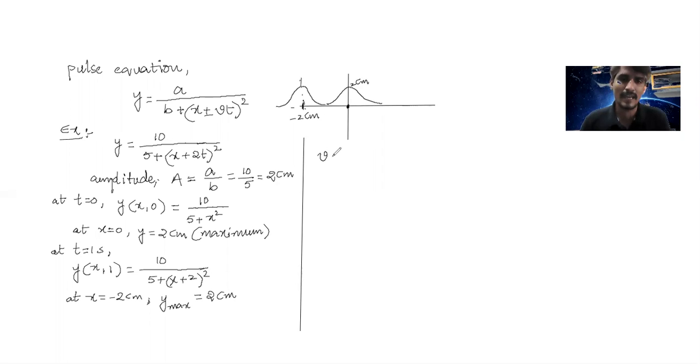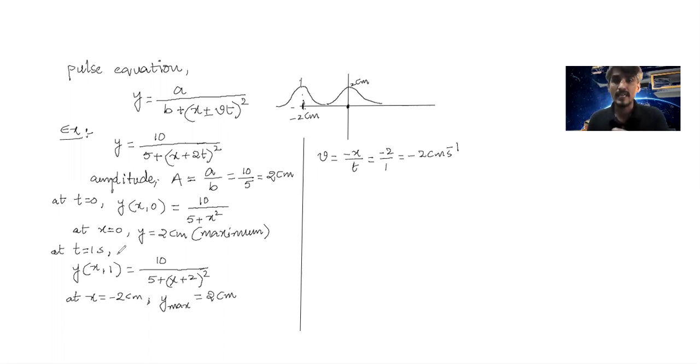Then velocity can be written as minus delta x by t, change in position. So minus 2 by 1, minus 2 centimeters per second. This is the speed of the wave, the velocity of the pulse.